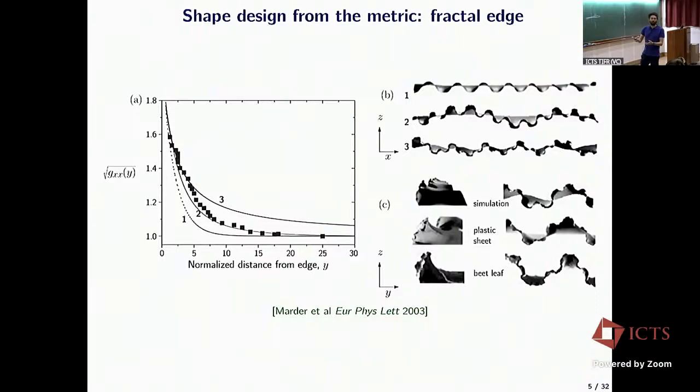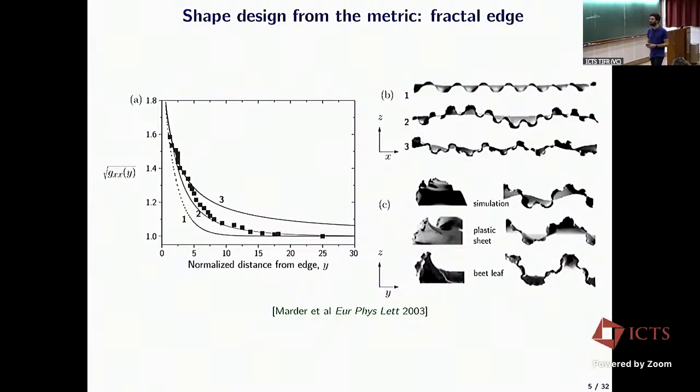This is not programmed; this is what you get out of the tearing process. And this gives these nice fractal patterns close to the edge. This has been repeated in simulation and shown also to correspond to what happens at the edge of some leaves. Leaves are not torn, but this comes from a growth process.